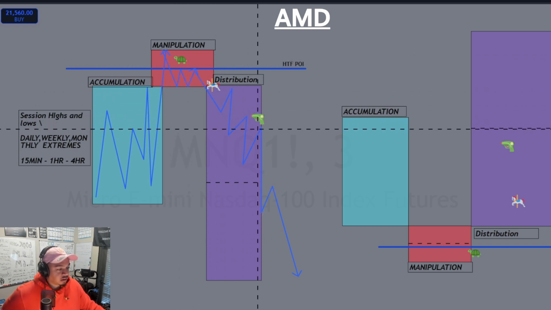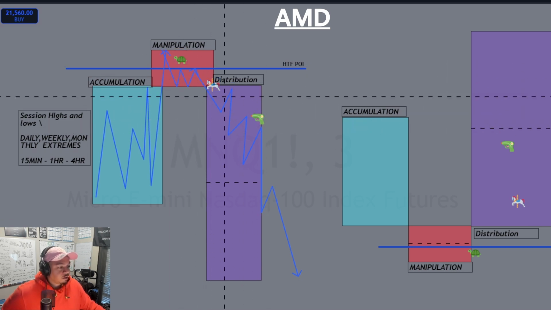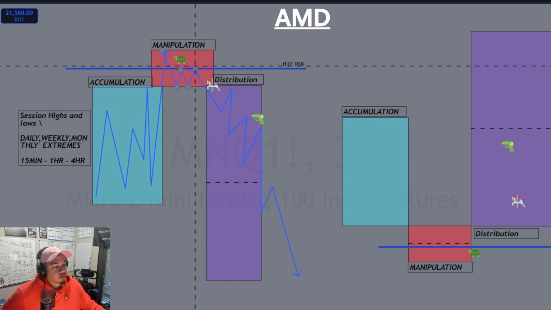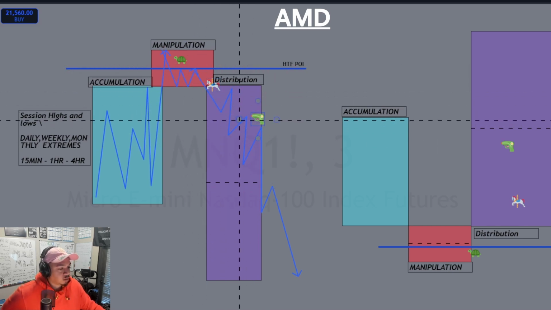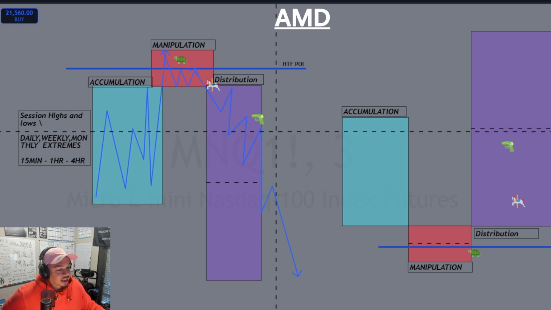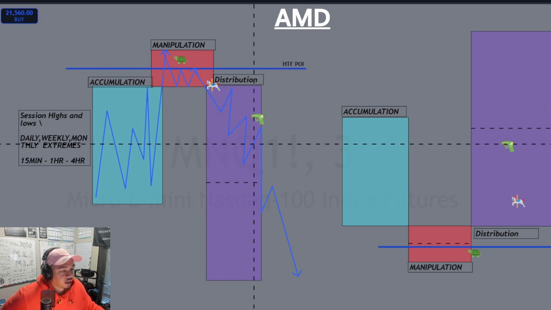Now there are other entries to think about, but I'm going to be teaching these three entries specifically in individual videos so that everyone can learn how to catch them, so you don't fear missing out on the move and having to do additional gambling practices to get in the trade. We want to be confident knowing where price is going and the potential to get in the trade.